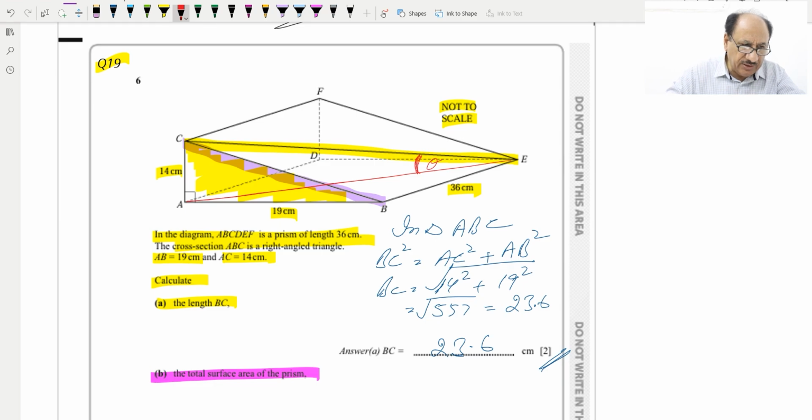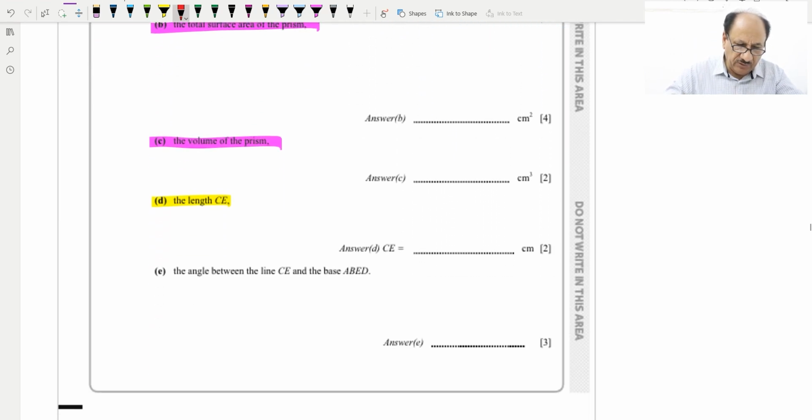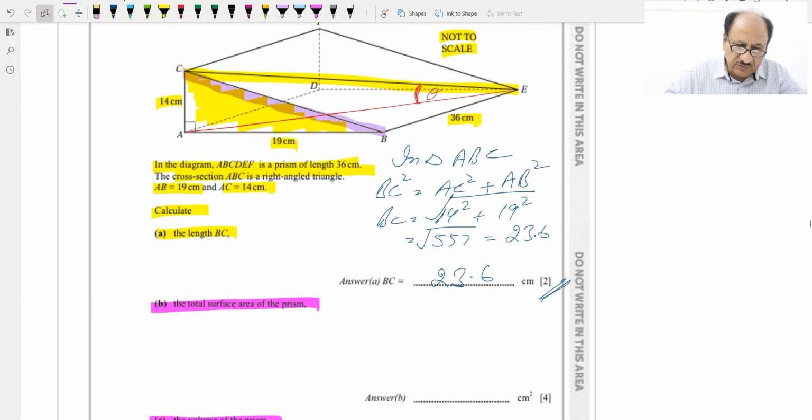So in triangle AEC, CE needs to be found.